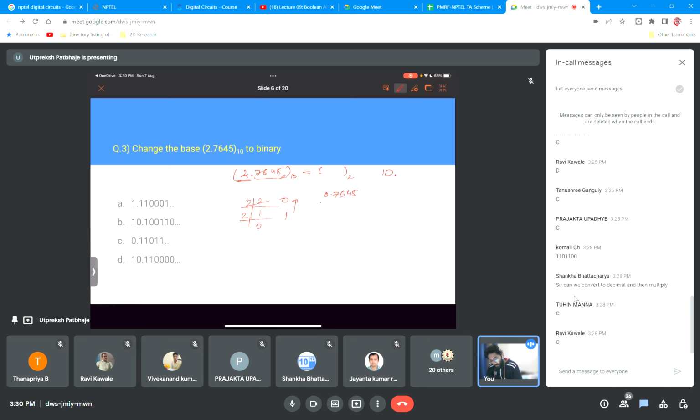Then we simply multiply, and as we get a whole number out of this fraction, we write it down on the right. As I encountered a 1, this will just go to the left. Okay, people have started to type in answers. Good. Then ignore this number and again multiply by 2. After you take it out, just write it down to be 0. Then again multiply.